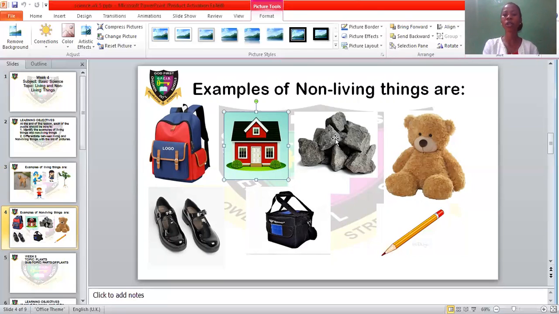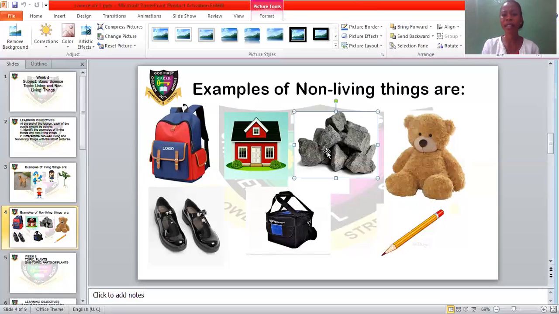The next picture is a stone. Yes, you must all have seen stones in your compound or outside your compound, or when mommy or daddy is taking you out, there's always stone on the ground. So a stone is an example of a non-living thing. A stone cannot eat. A stone cannot talk. A stone cannot move.